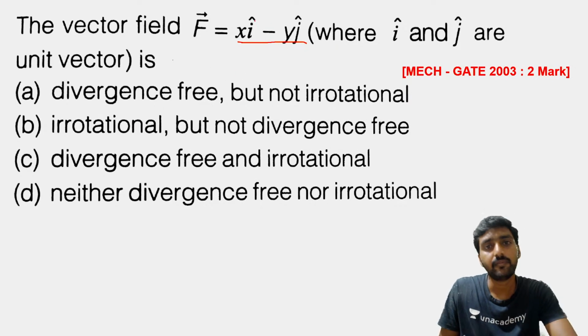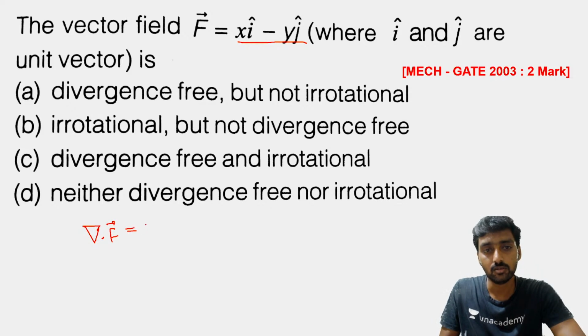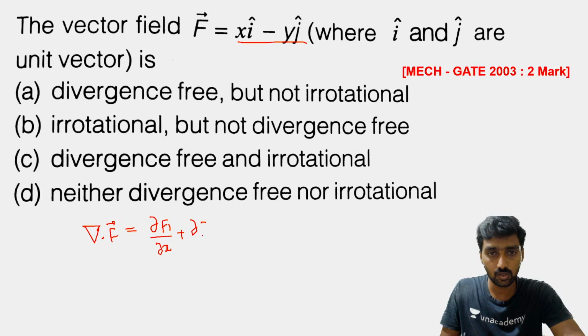Listen. First, del dot F. First we are going to check divergence. Del dot F formula is equal to dou f1 divided by dou x plus dou f2 divided by dou y plus dou f3 divided by dou z.